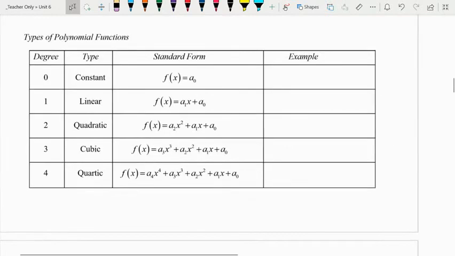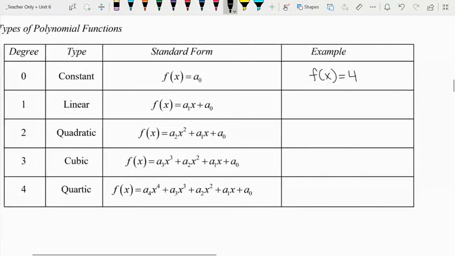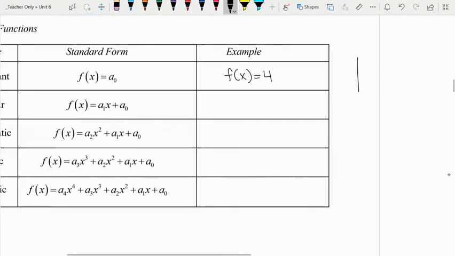So let's talk about the types of polynomials. Okay, if your degree is 0, that is called a constant. So that means that you would get something like f of x equals 4. That would mean you would have something graphed like this where y equals 4, and it's just a straight line.